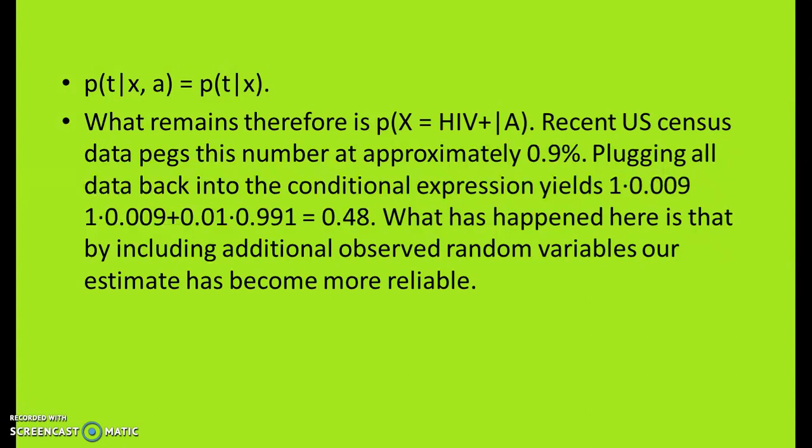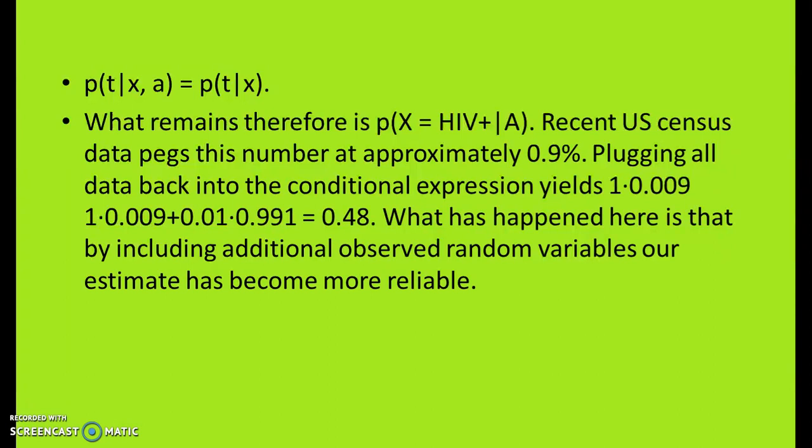So plugging all data back into the conditional expression yields 1.0 into 0.009 over 1.0 into 0.009 plus 0.01 into 0.991, that would come to 0.48.